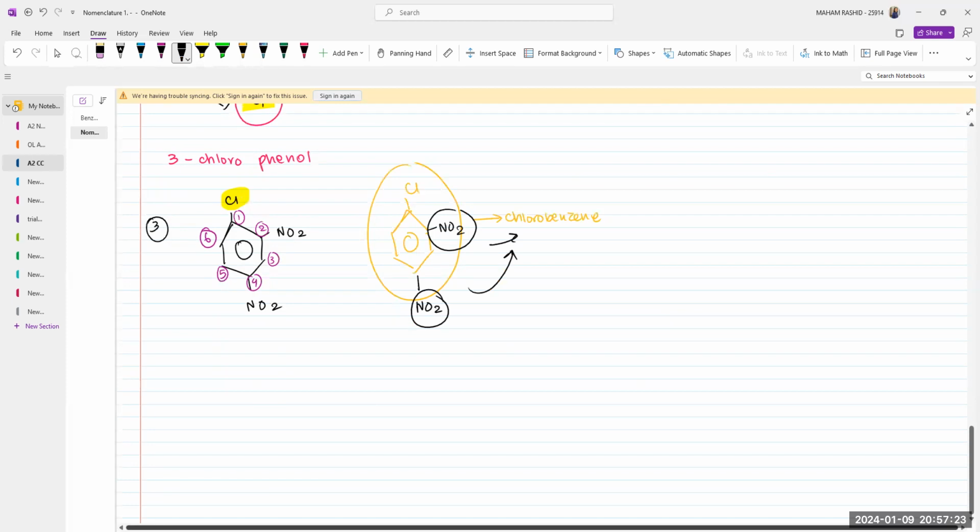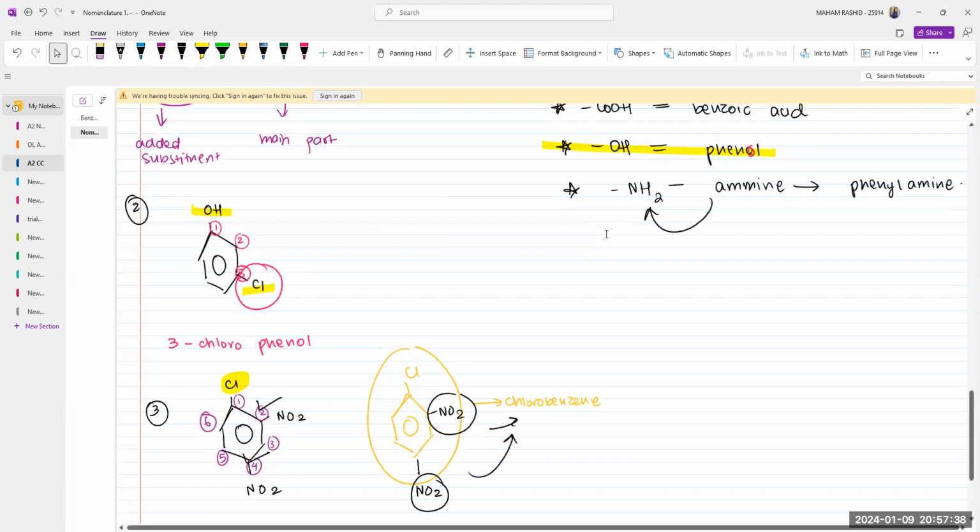Now my nitro group is on the second position and the fourth position. So what will I be naming? Is it going to be 2,4-amine chlorobenzene? Look, amine is NH2 and nitro group is NO2. Don't mix the two of these.